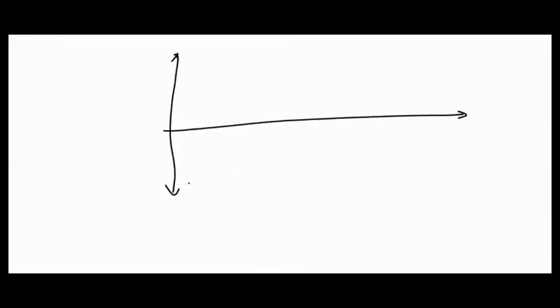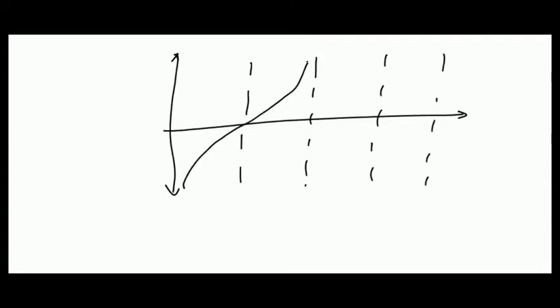If I plot this, so this is my ZOC versus beta L. This is inductive and this is capacitive.